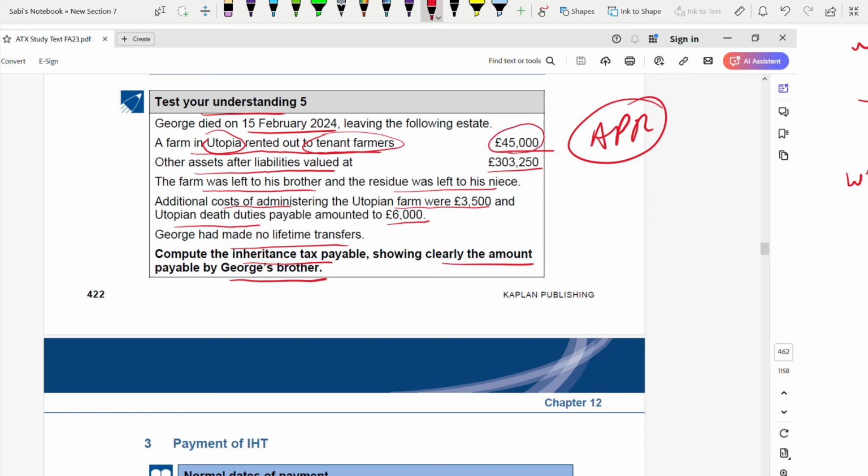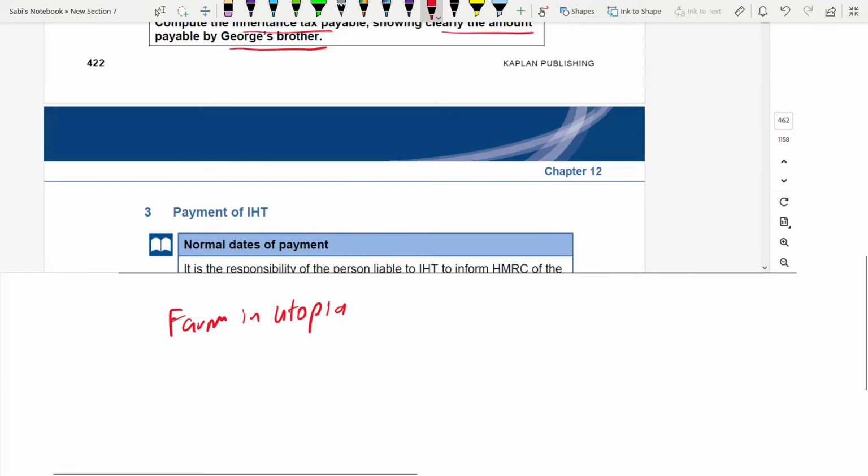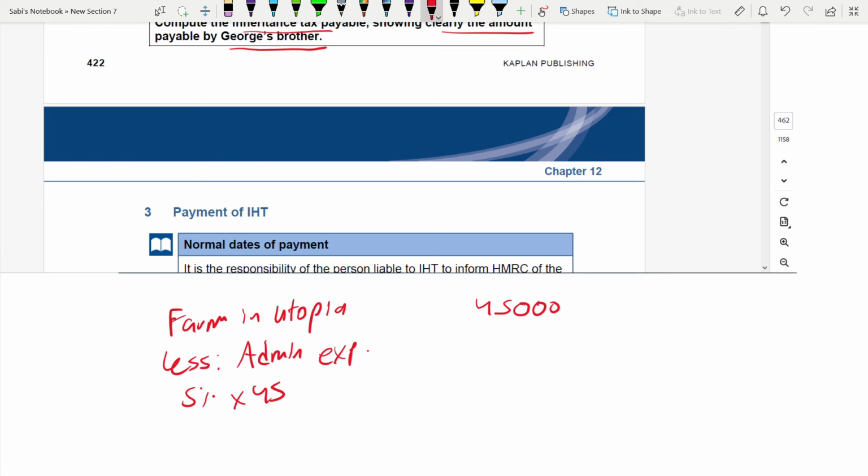Straight away 45,000. Next, you have to deduct the cost, less admin expenses. Only up to 5% you can deduct. So 5% of 45,000 you can deduct.